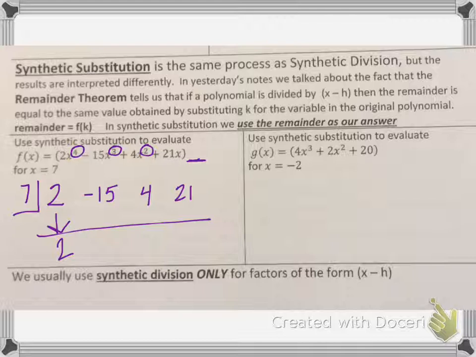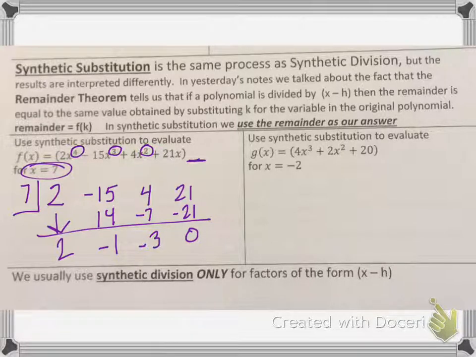Bring down the 2. 7 times 2 is 14. Add down, I get negative 1. Multiply by the box number, negative 7. Add down, negative 3. Multiply by the box number, and add down. Now, when I am looking for x equals 7, my answer is not 2x to the third minus 1x to the second.